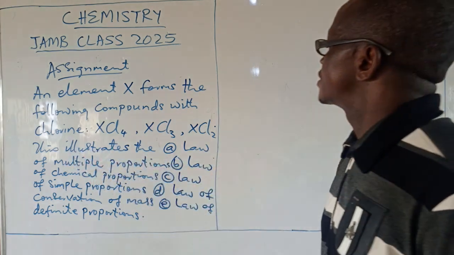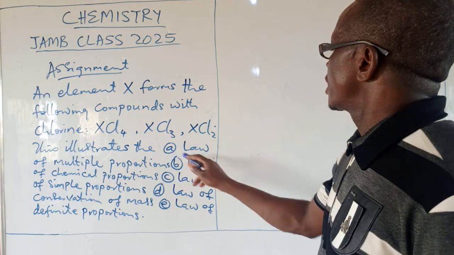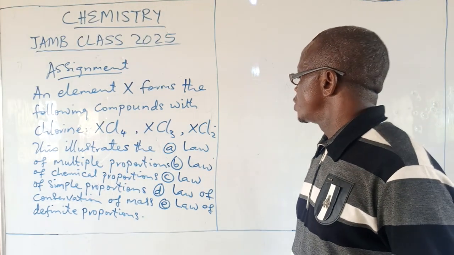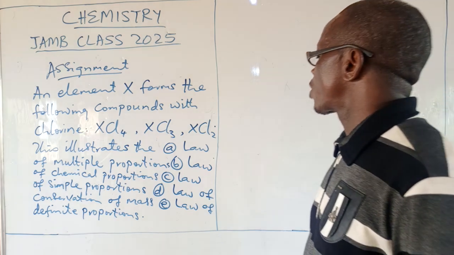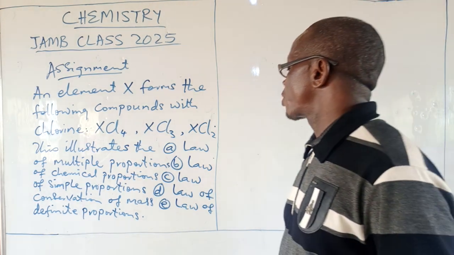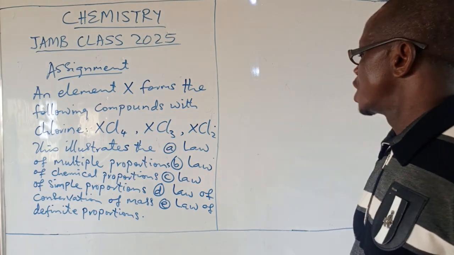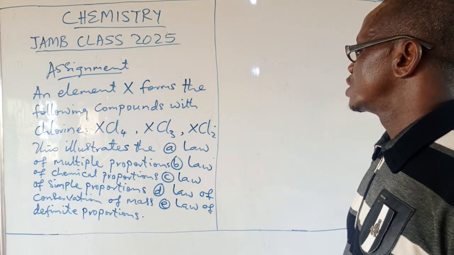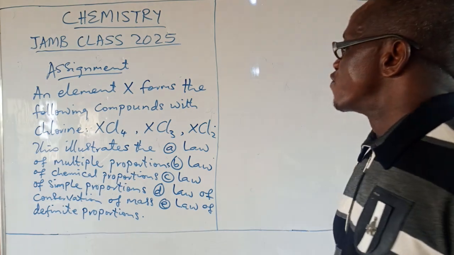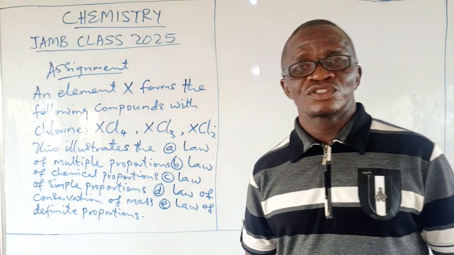This illustrates the: A, law of multiple proportions. B, law of chemical proportions. C, law of simple proportions. D, law of conservation of mass. E, law of definite proportions.